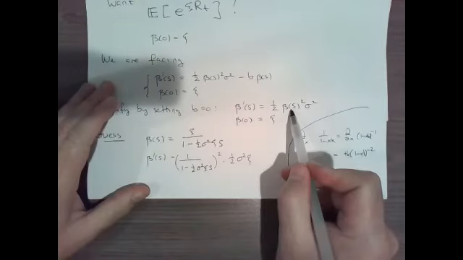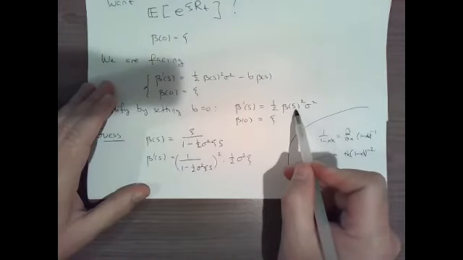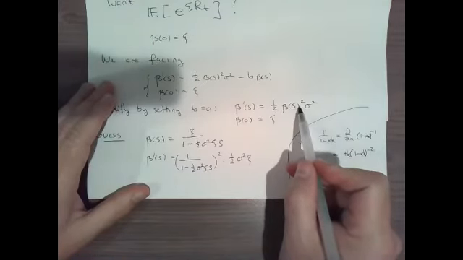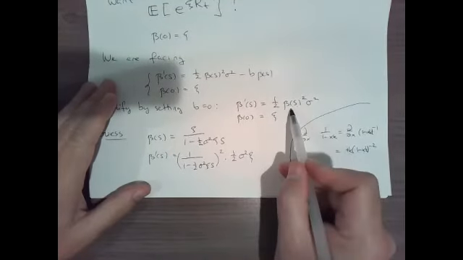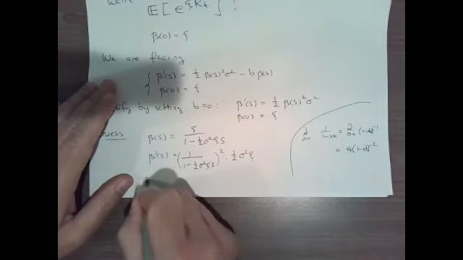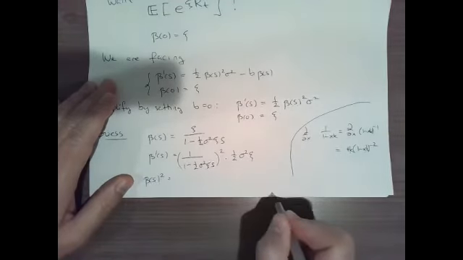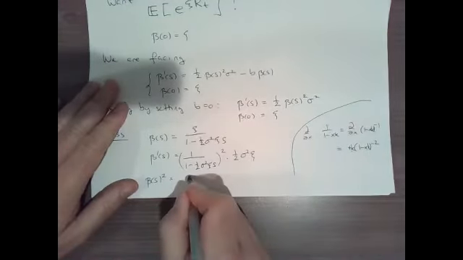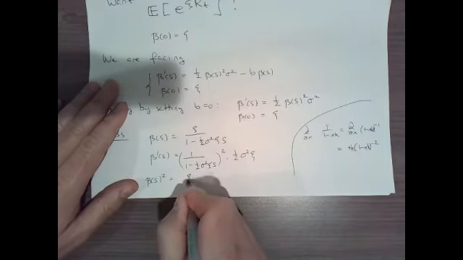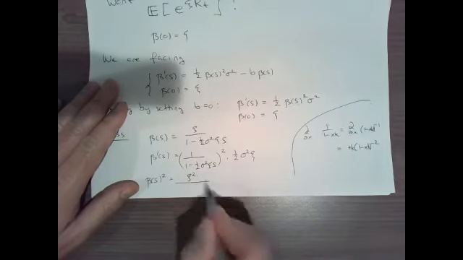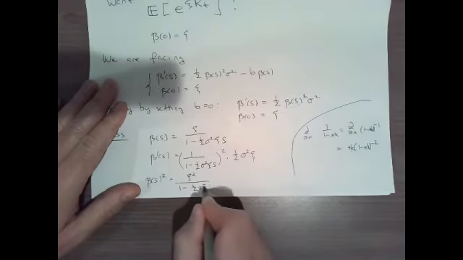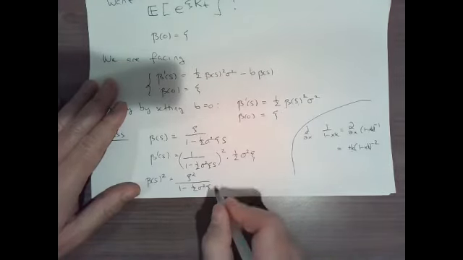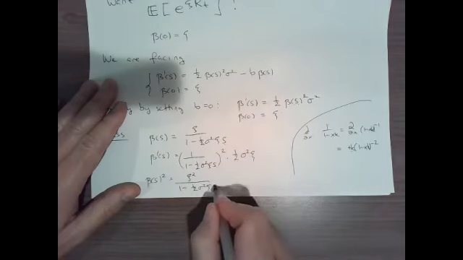Does that look like what we have up here? What is my beta squared? This is psi squared divided by 1 minus 1 over 2 alpha squared psi s.